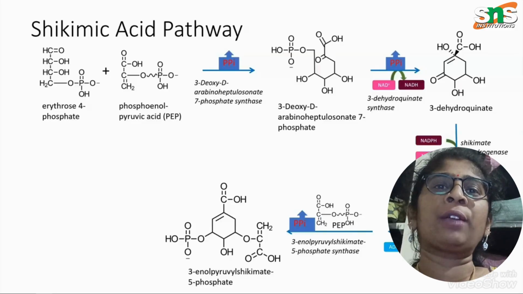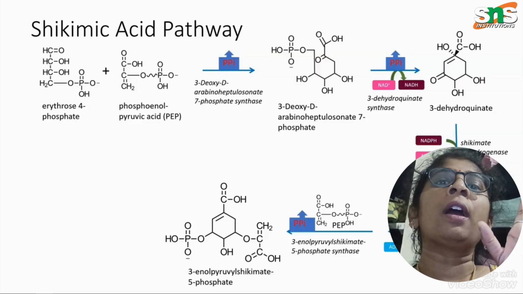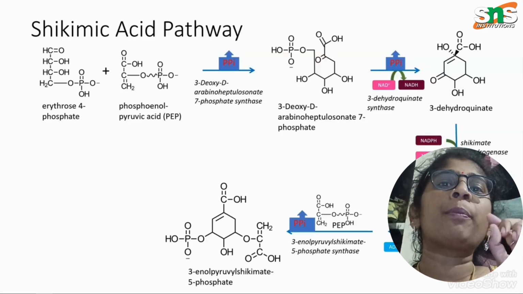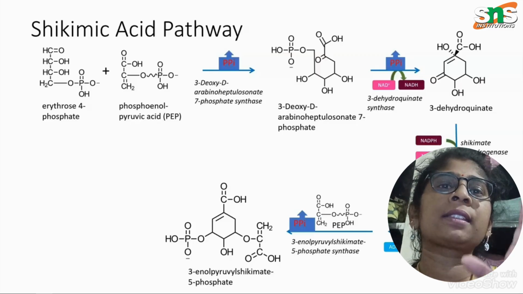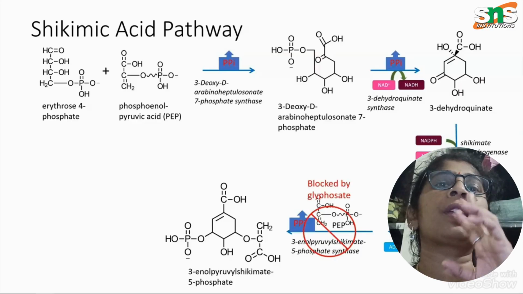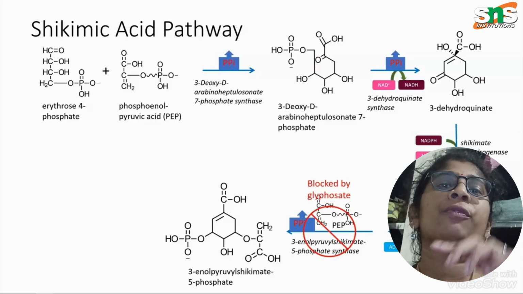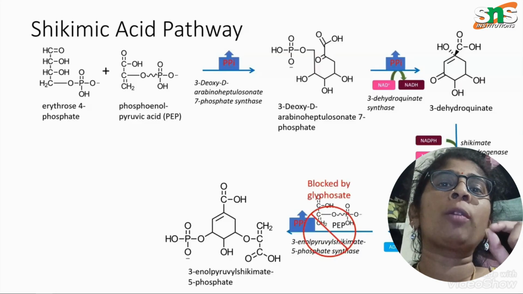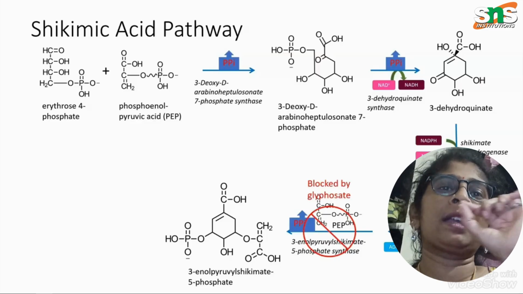And step 5, formation of shikimate 3-phosphate. Shikimic acid gets phosphorylated by ATP to form shikimate 3-phosphate. Step 6, formation of 5-enolpyruvylshikimate 3-phosphate, that is EPSP.